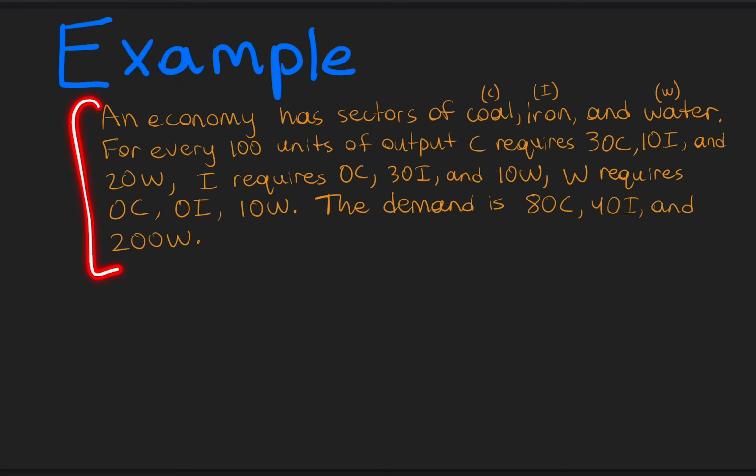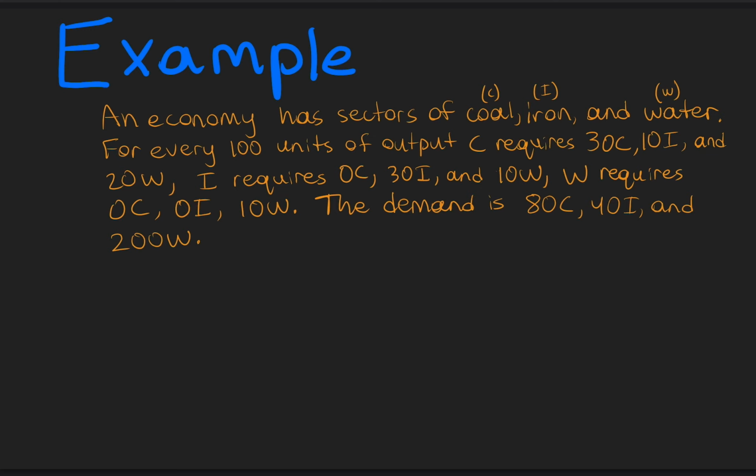So here's the scenario. An economy has sectors of coal, iron, and water. For every 100 units of coal produced, this would require 30 units of coal, 10 units of iron, and 20 units of water.